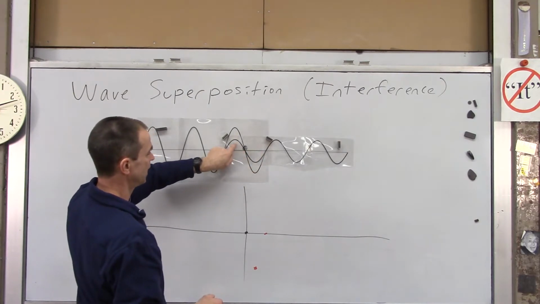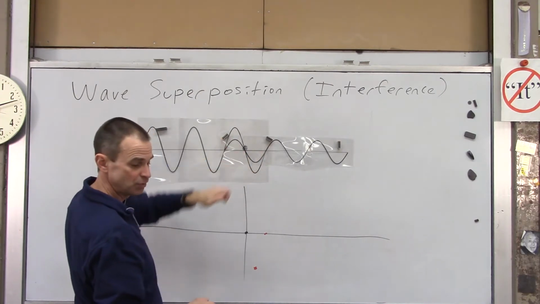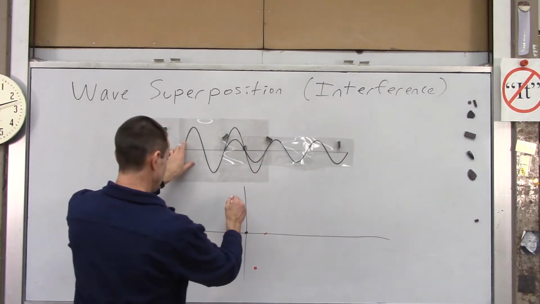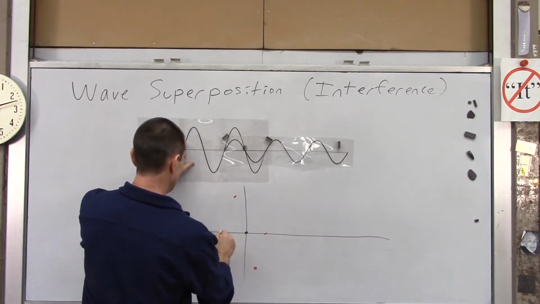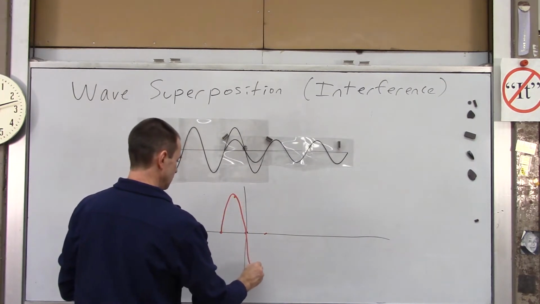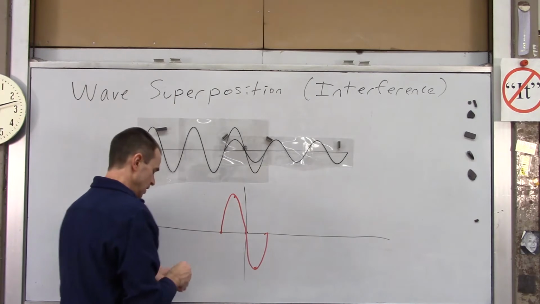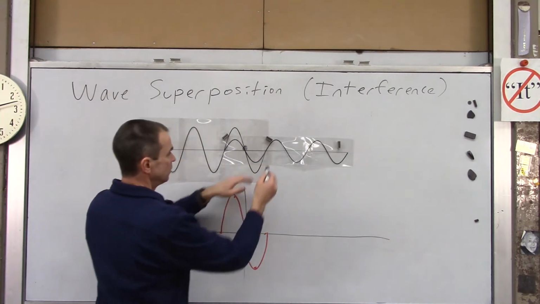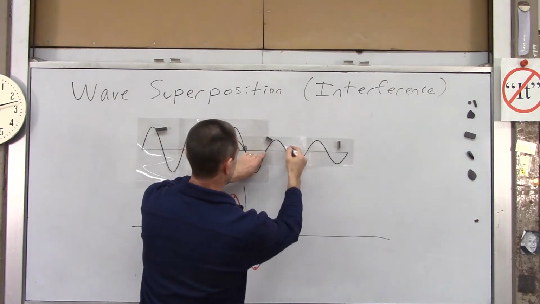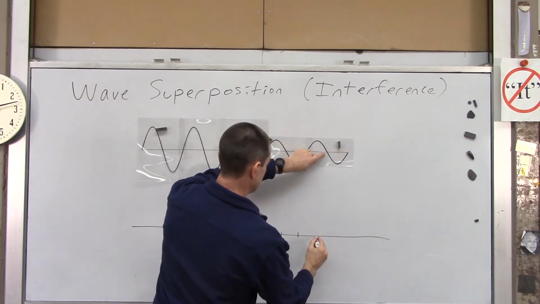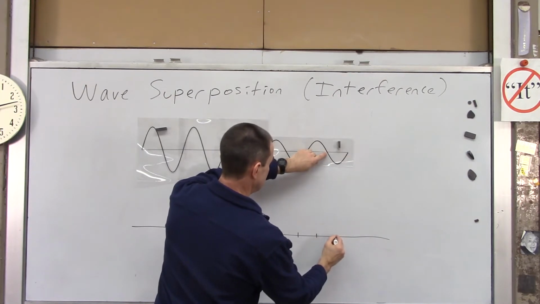Over here, you're going to have a crest of 1 and a crest of 2, which will add up to a crest of 3. So you have a big crest. And then there. So the middle of the pattern would look like that. And then you'd have just each individual wave. So you have this guy. Again, I'll mark off the equilibrium positions there, there, there, and there.